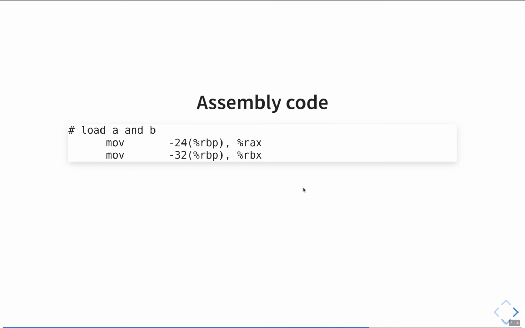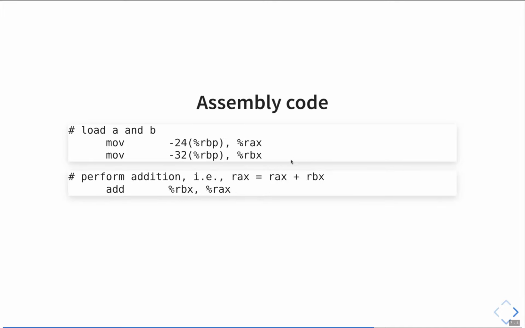So the assembly code would be this first part here. We are moving the value out of the place in memory where the a value is stored into the RAX register. We're moving the value out of the place in memory where the b value is stored into the RBX register. So now RAX contains the value of a, RBX contains the value of b.